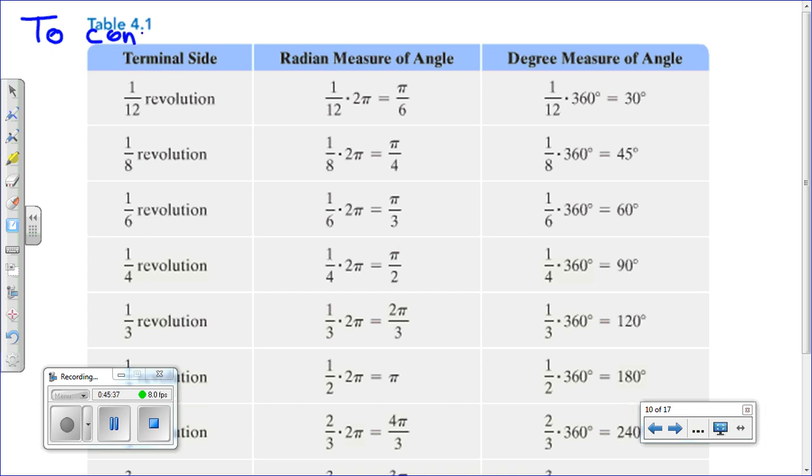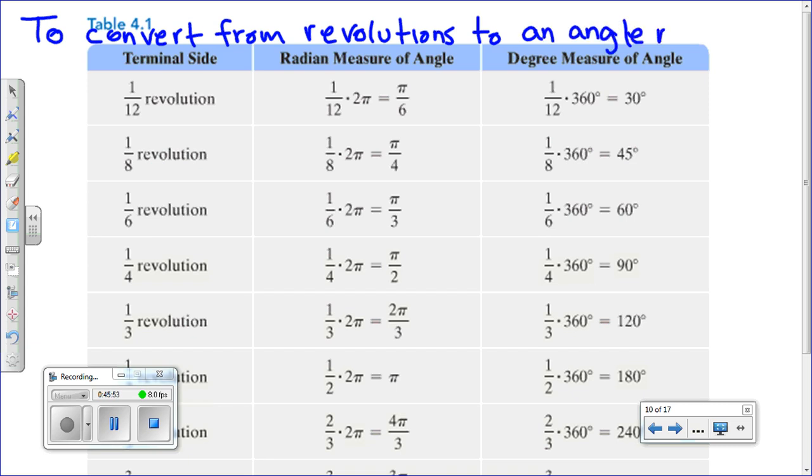To convert from revolutions to an angle measure, you will either multiply by 2 pi, or if you want it in degrees, instead of 2 pi, what should you use?